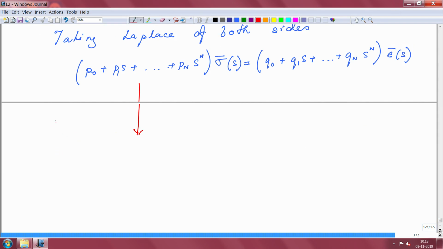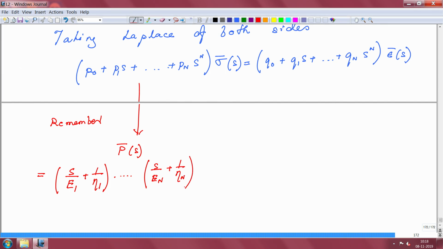The left hand side can be easily factored, and this is basically the Laplacian of the polynomial P, which I can represent as the product of terms s by E 1 plus 1 by eta 1, up to s by E n plus 1 by eta n.